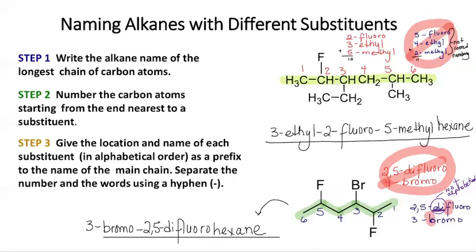Okay, we're gonna see examples of that because that's the other mistake that students make. Let's say that it would have been dibromo, or no, that's not a good example because di is, anyways, we'll see it in the practice problems.